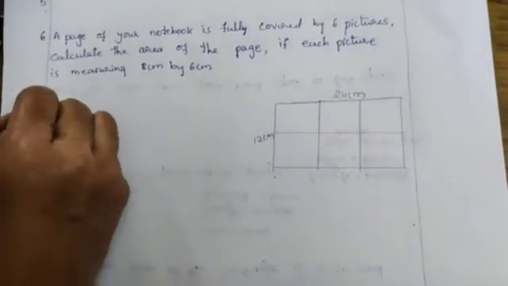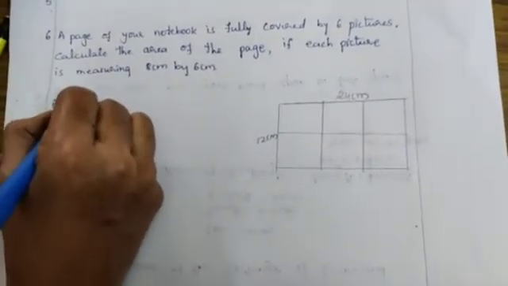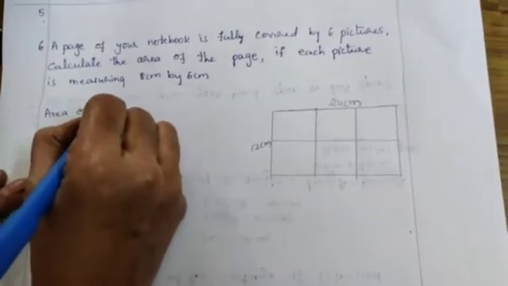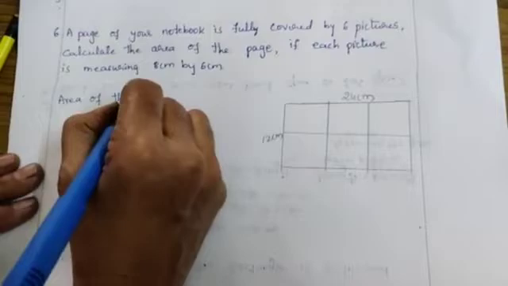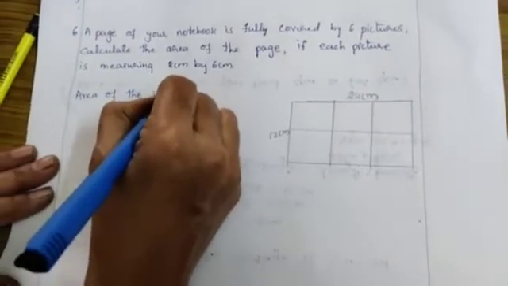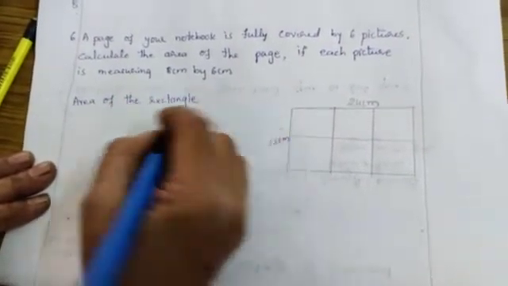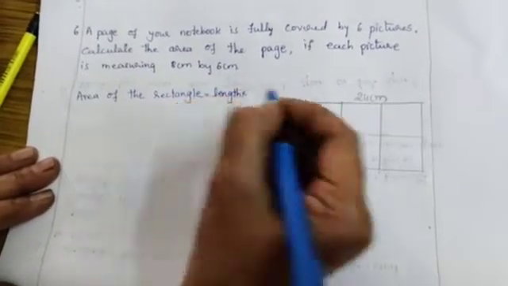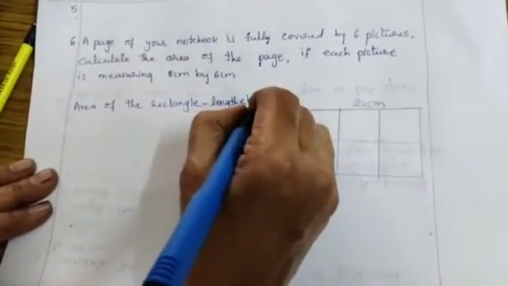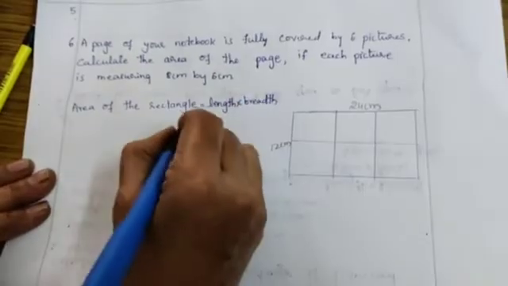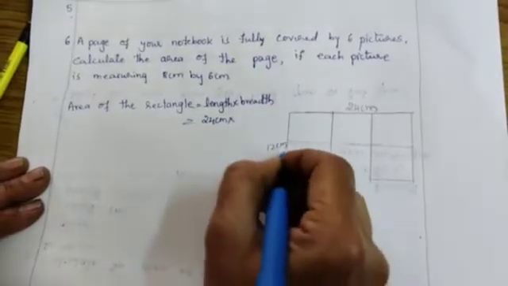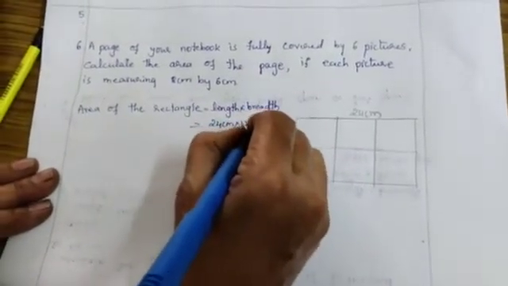So now find the area of the rectangle, which is equal to length into breadth. So length is 24 centimeter, breadth is 12 centimeter.